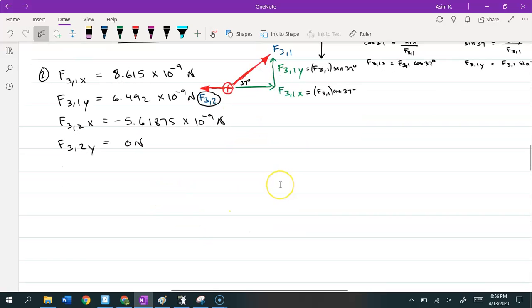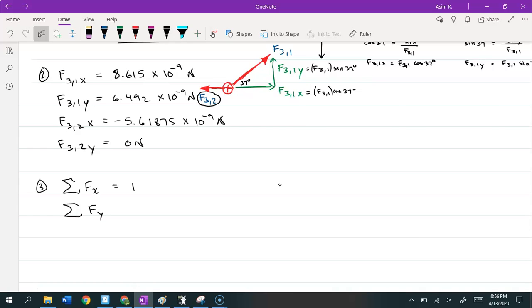Now, step number 3 is going to involve us totaling up the x components and the y components. At this stage, this should somewhat ring a bell, like, oh my God, I have done something like this before. So we make 2 of these, and we say, let's calculate the net force in the x's.